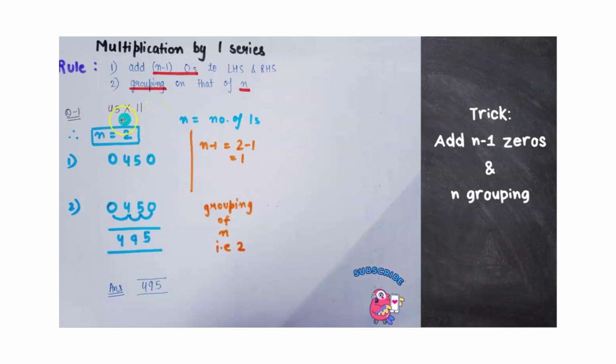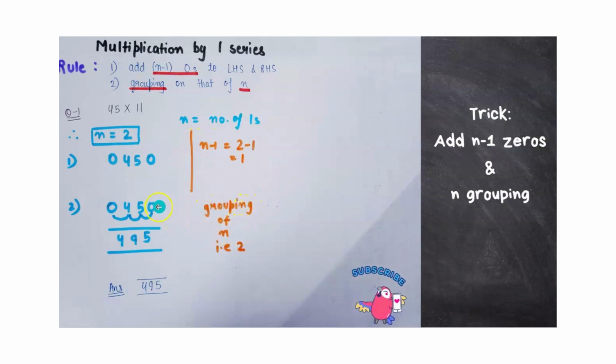Like 45 here, you have to add the zeros on the left hand side of 45 and the right hand side of 45. Then the second step is grouping. You need to group n numbers, and we have just found that n is 2. So grouping will be of 2.